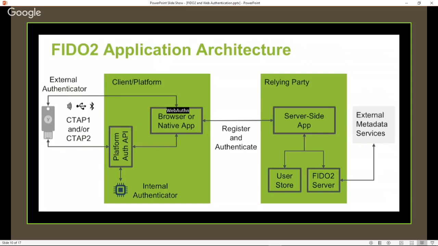So these are the components of the basic flow, and I just wanted to mention this quickly. The external metadata services are a way of validating that the authenticator you have doesn't have any known hacks available to it. For our implementation, we only allow one authenticator, so we'll keep track of whether that's been hacked or not.